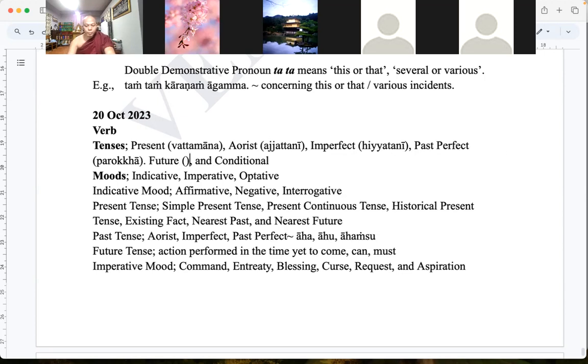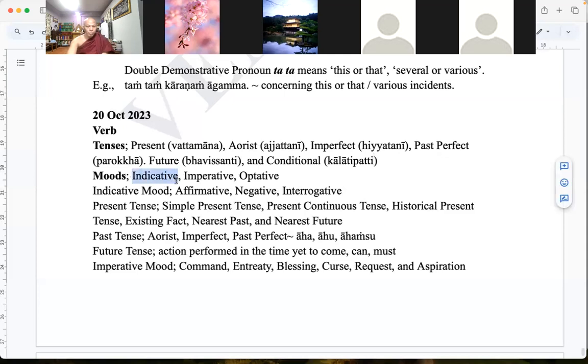And the future is Bhavissanti. And the conditional is Kalatipatti. So in this way, that is 6 tenses: 1, 2, 3, 4, 5, and 6. The other ones are in the mood.